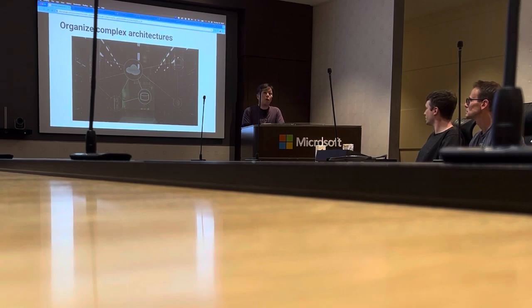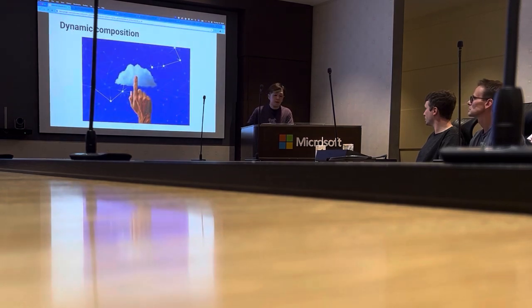It is difficult to organize and diagram this as a whole, especially in a large-scale environment. The second one is dynamic composition. Because cloud environments can add and remove resources on demand, the configuration of the environment often changes frequently. In order to keep the configuration diagram up to date, periodic updates are required, which can be a hassle.